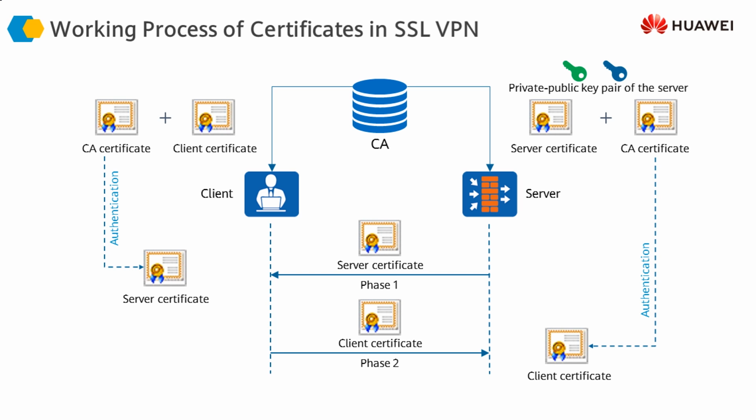So the server is going to download the CA certificate and its server certificate. Similarly, the client is going to download or have its client certificate as well as the CA certificate. So when the client wants to authenticate the server, the server is going to pass on its server certificate to the client, and the client is going to check the server certificate against the CA certificate which has already been downloaded by the client.